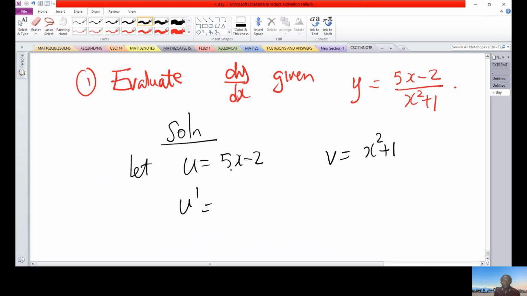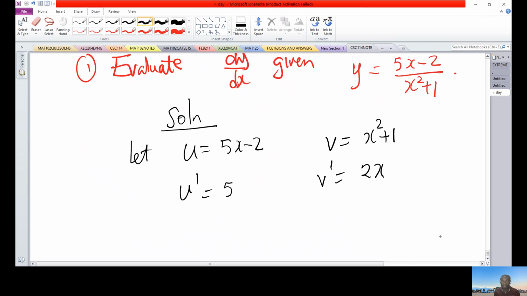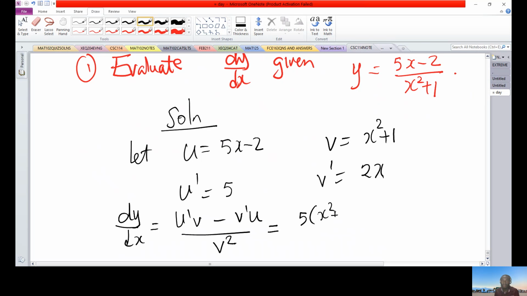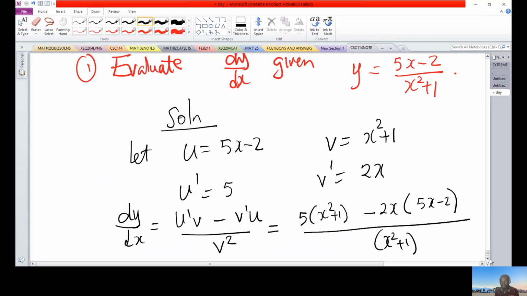So u prime, when you differentiate by power rule, you get 5. v prime, when you differentiate, you get 2x. So dy/dx will be given by u prime v minus v prime u over v squared. On replacement, you'll have 5 times x squared plus 1 minus 2x into 5x minus 2, divided by x squared plus 1, all squared.